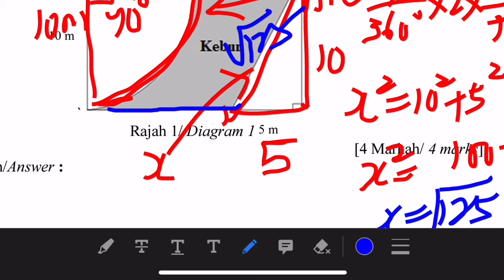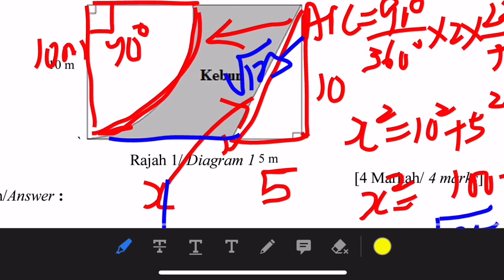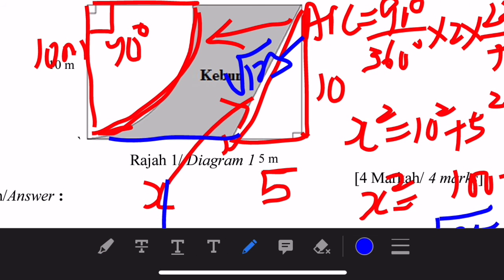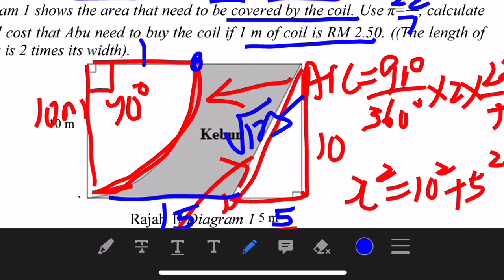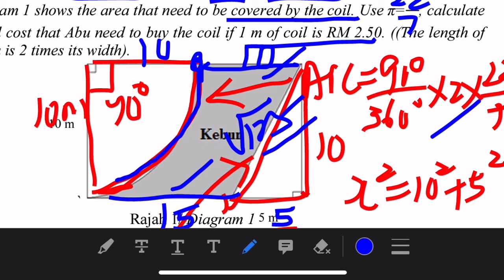This one is 15, because here is 5, here is 15, and this one is a midpoint, here 10, here 10, right? So the perimeter is the length of the wire, so you have to take the 10 plus the 15 plus square root 125, and then you plus the arc length here.